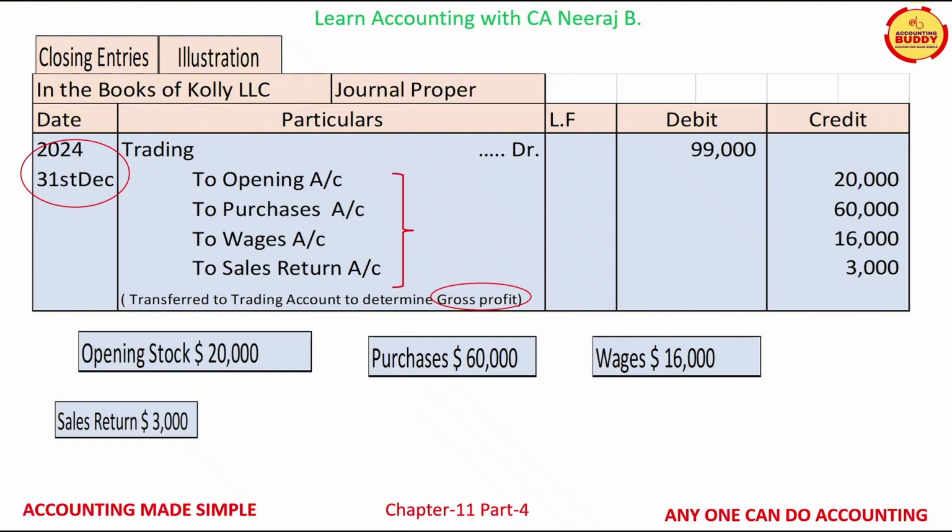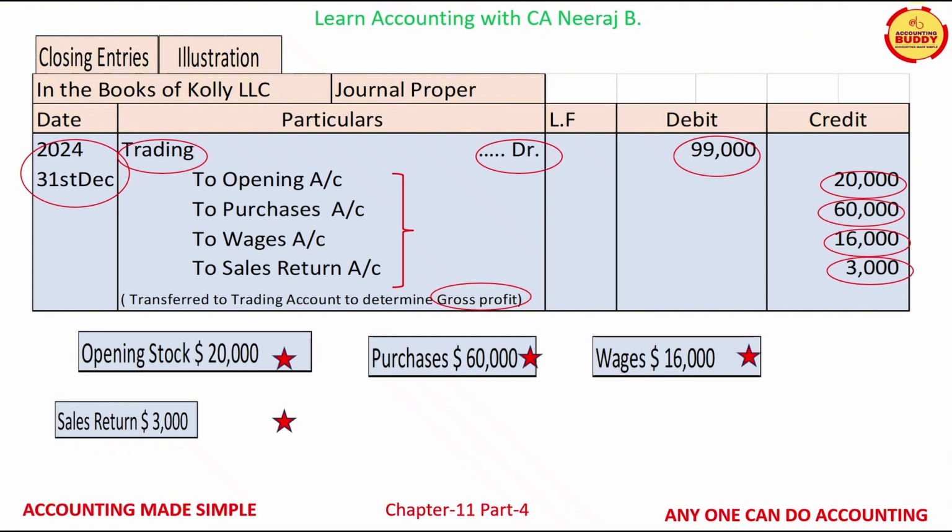Opening stock balance account will be credited by $20,000, purchase account by $60,000, wages account by $16,000 and the sales return account by $3,000. And the second part of the entry will be debited to the trading account for $99,000.